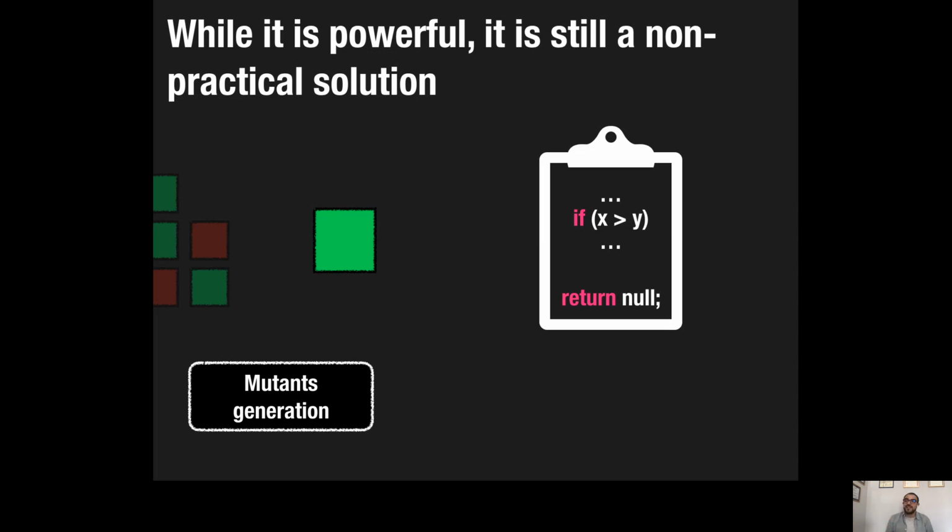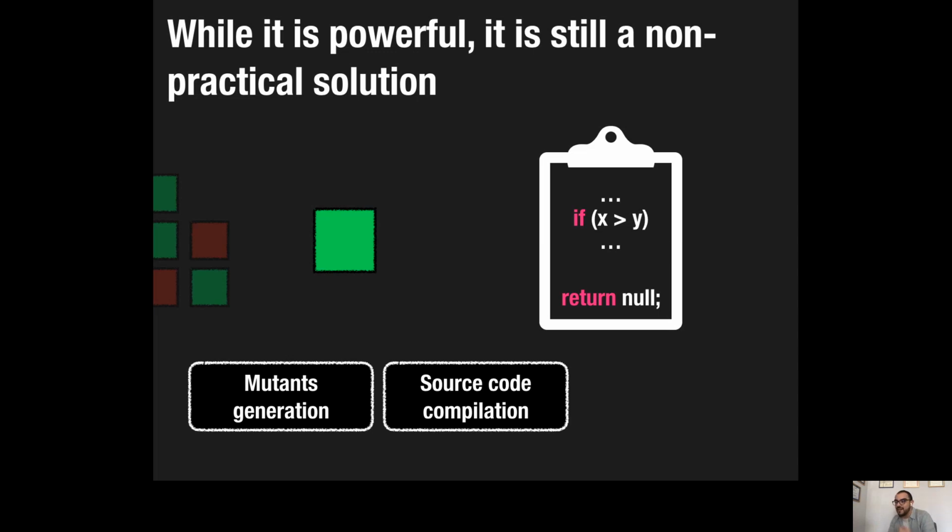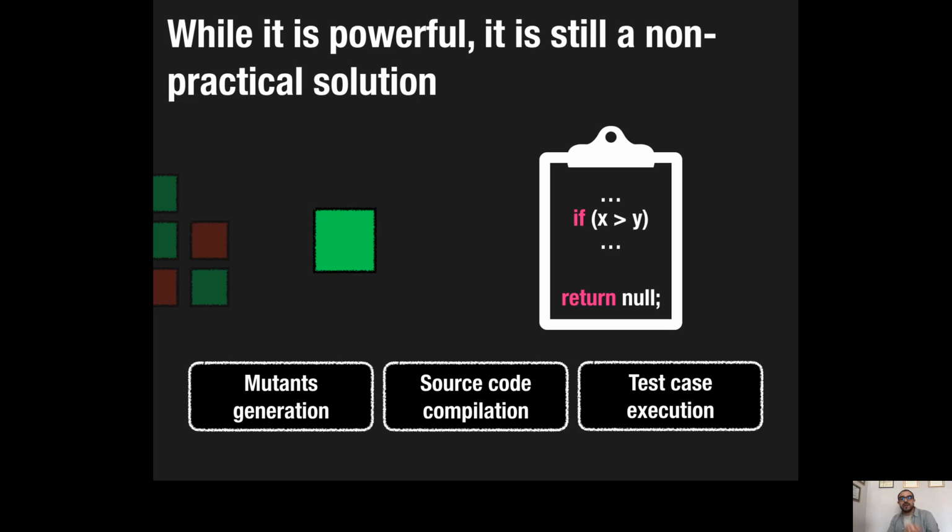So this is the first step of the process. You have to recompile the source code in order to make the source code testable by test cases. And finally, you have to execute test cases. This process has a cost. And especially in software systems having thousands of tests, this is clearly not feasible.